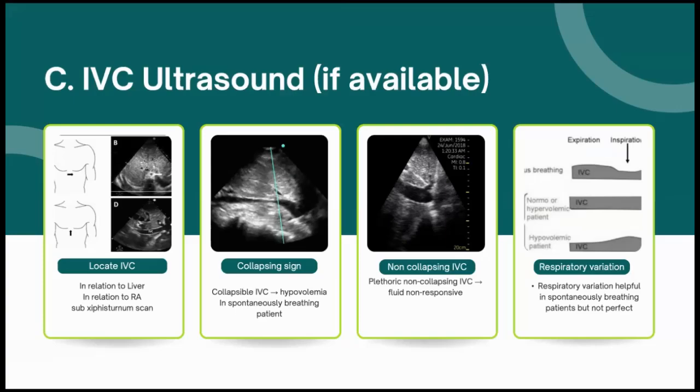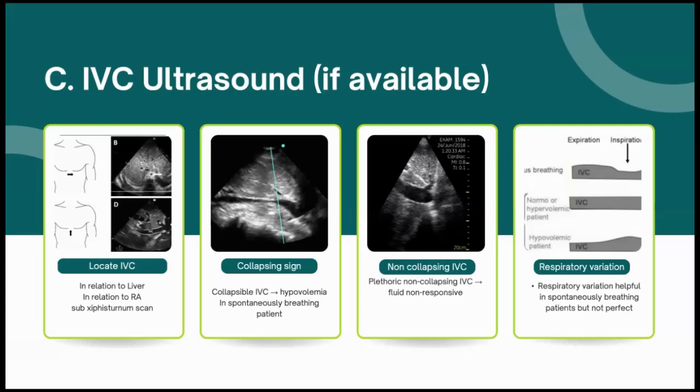You can look for collapsibility in hypovolemia in spontaneously breathing patients, and the distensibility index in mechanically ventilated, positive pressure ventilated patients. A non-collapsing IVC will show the patient's volume status, but could be right heart failure as well. So your challenge is to turn the probe slightly towards the heart and have a look at the right heart at the same time. You can look at the four-chamber view from the subxiphisternum level.